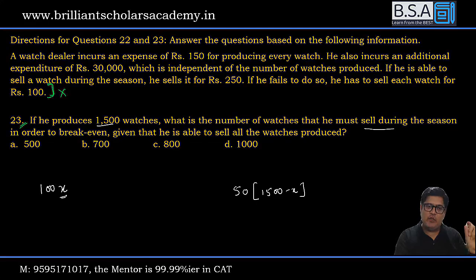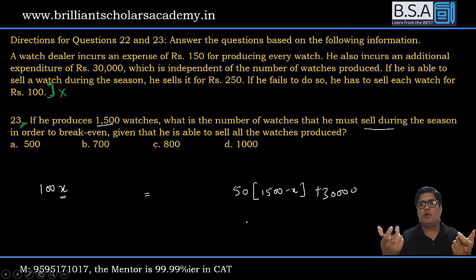X watches are sold for profit of 100 rupees. 1500 minus X are sold for loss of 50. Now there is already a cost of 30,000. So on the right side, I'm equating loss and the cost. On the left side, I'm equating the profit. So profit is equal to loss. There is no profit, no loss, and you solve it. Your answer will be ready in 2 steps.